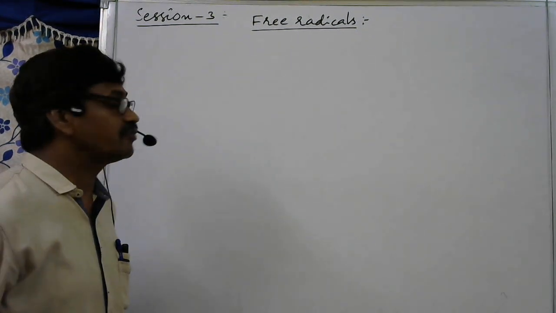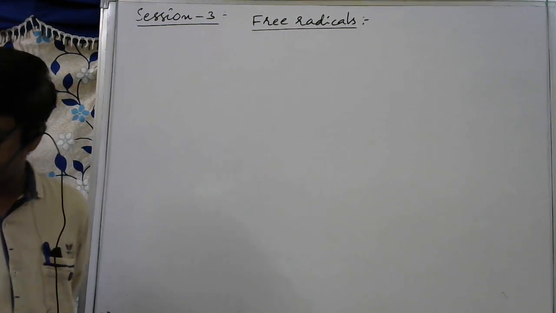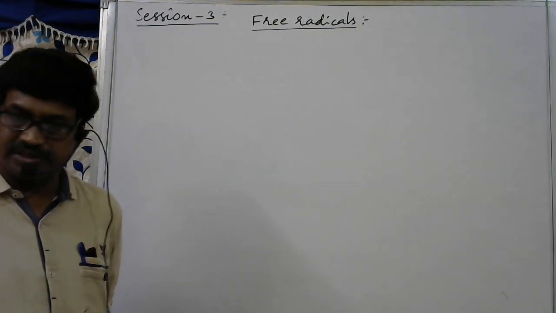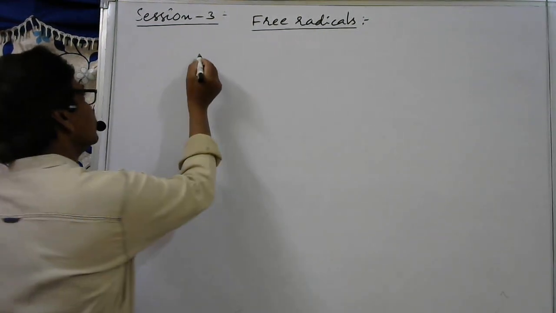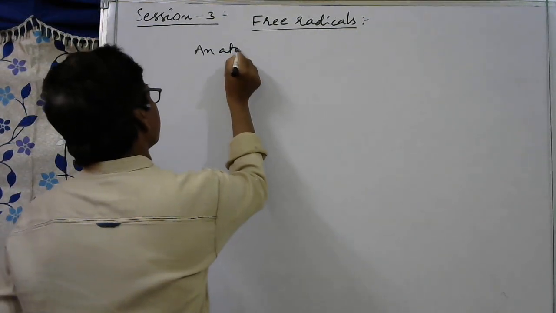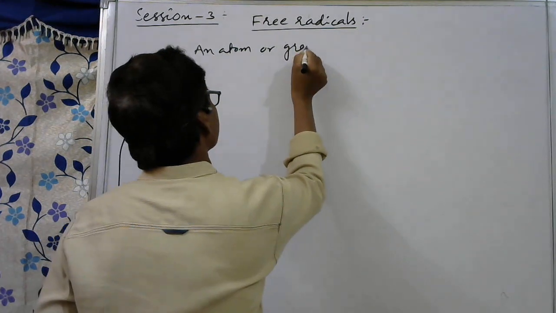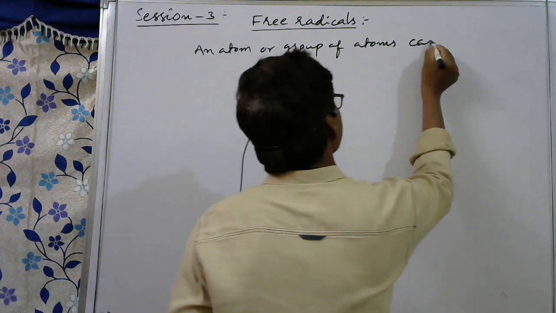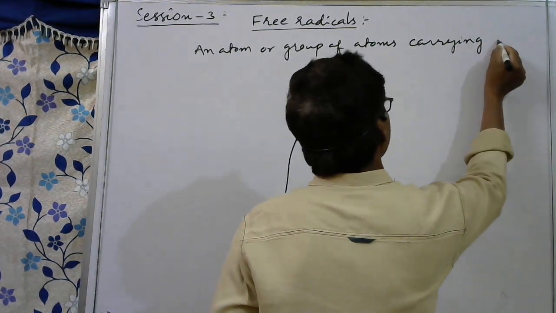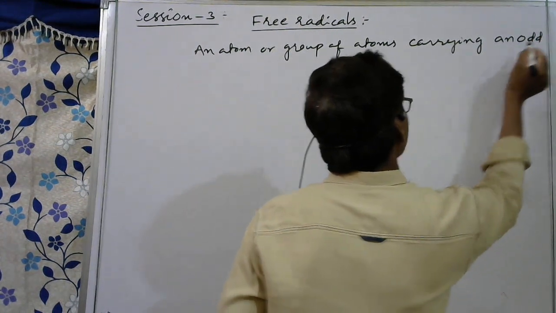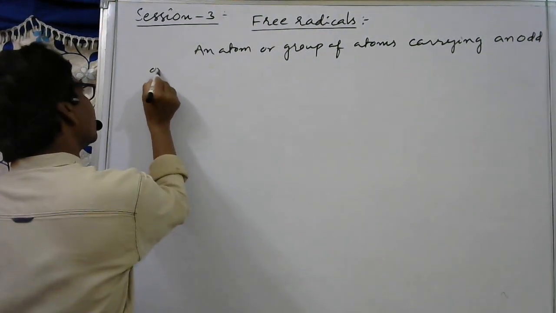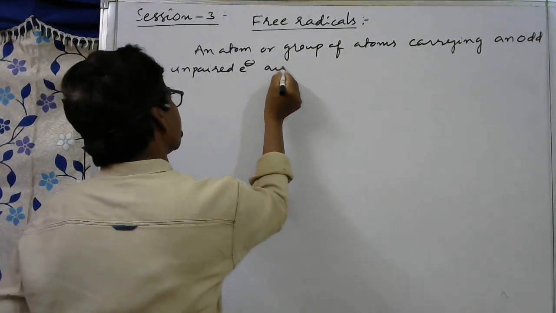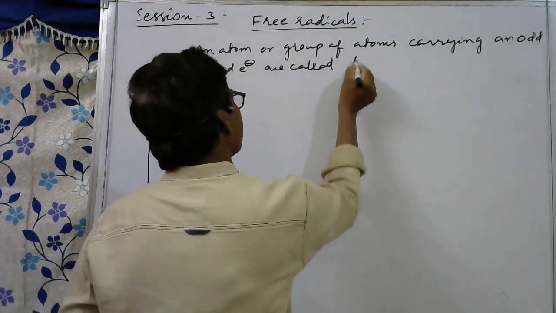A free radical is an atom or a group of atoms carrying an odd, otherwise single or unpaired electron.